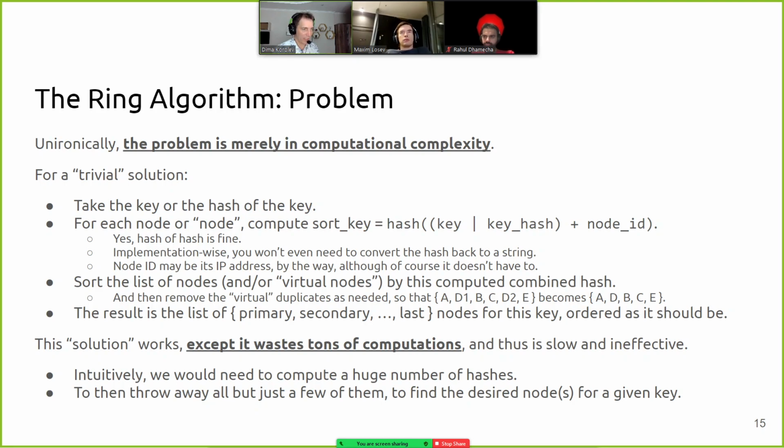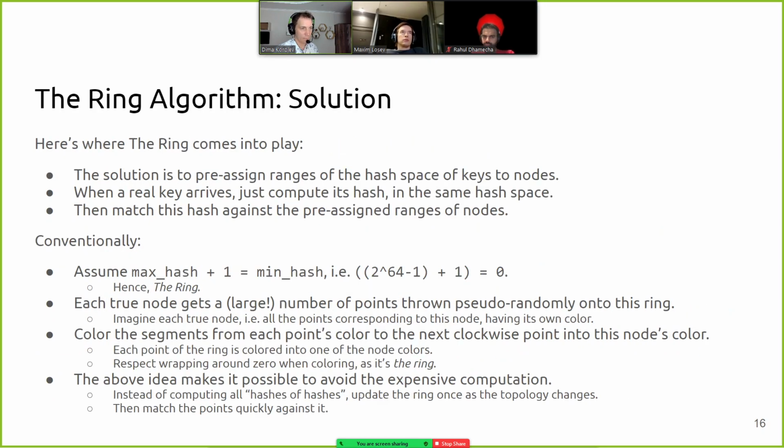The data structure we have for the ring is pretty much doing the same computation, but in a much more effective way. We'll get into the ring finally. All it does is, for each node, you compute a bunch of hashes for this node.